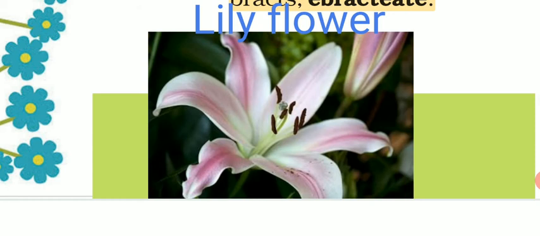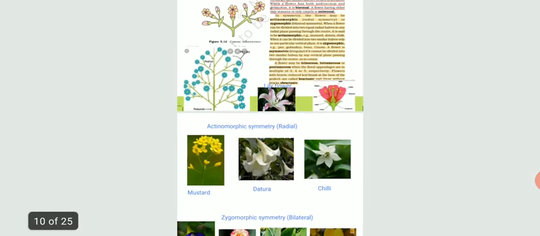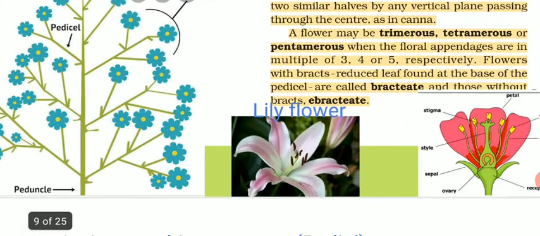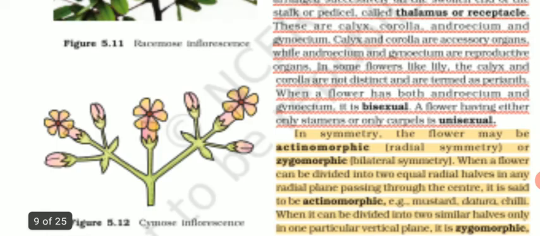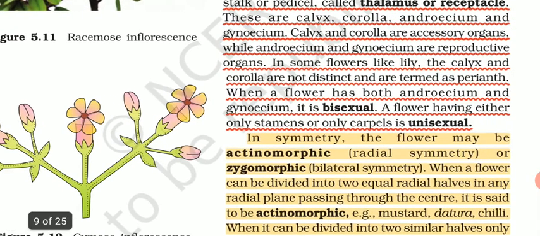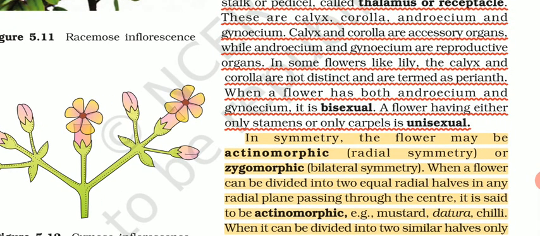So we do not call them either sepal or petal, we call them tepals or perianth. You can see in lily and many other flowers the sepals and petals are not distinct to us, so we call them perianth or tepals.